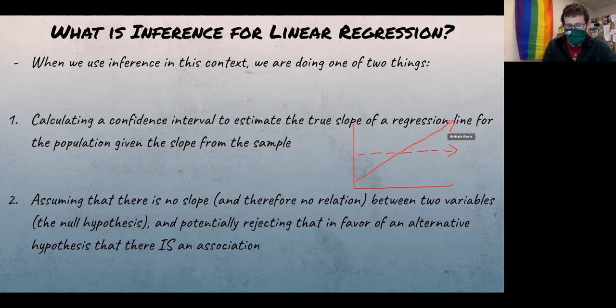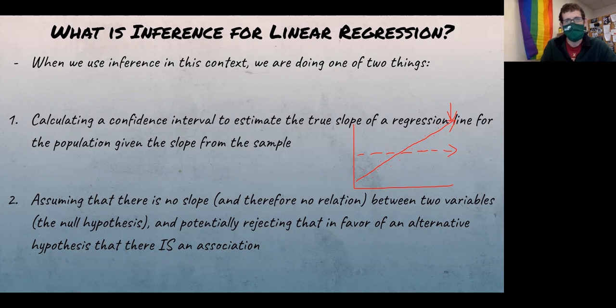Keep drawing positive ones, but whatever, it could be negative. And so what is the probability that I would get a slope that looks like that if there really was no association between these two variables? And then we can figure it out with our p-values, and we can determine that this is far enough away from a zero slope that there really is an association between the two variables.